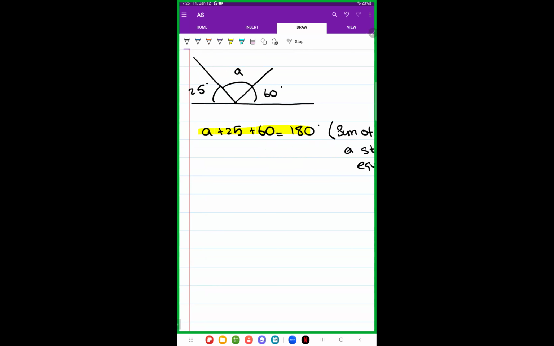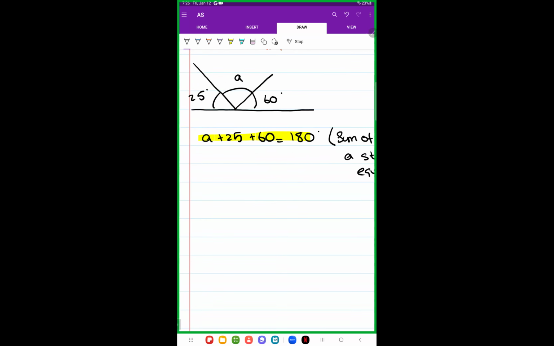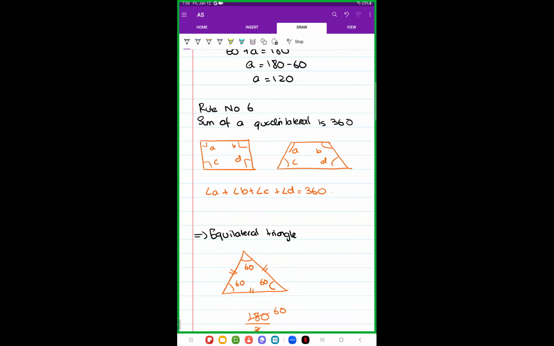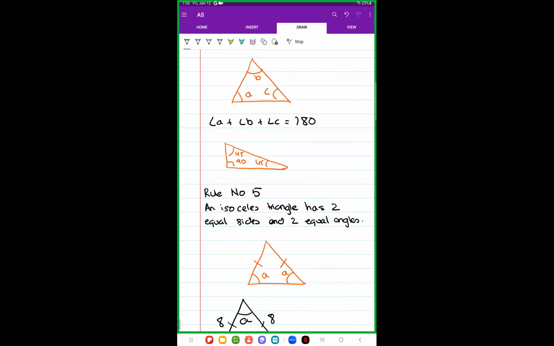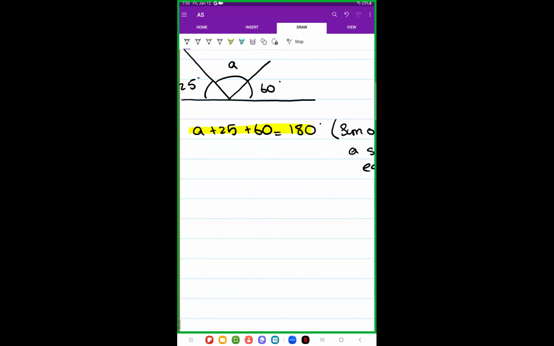Then you do your working. So for every property I've given you the reasons also. These reasons are very important for this chapter. Whenever I'm answering, I just write whichever rule applies. You just specify it.